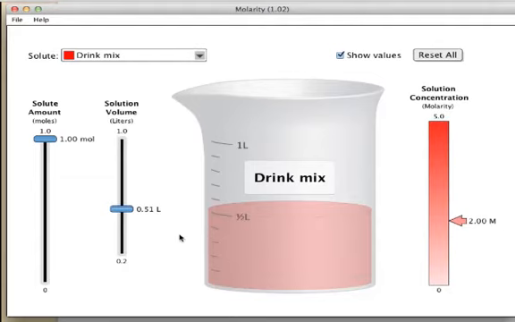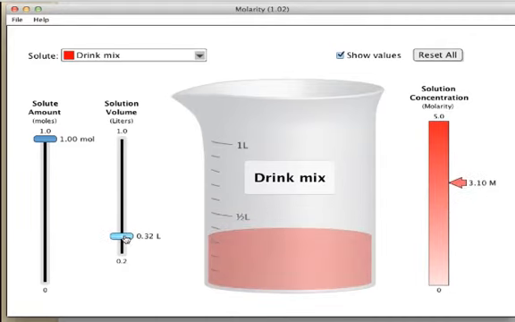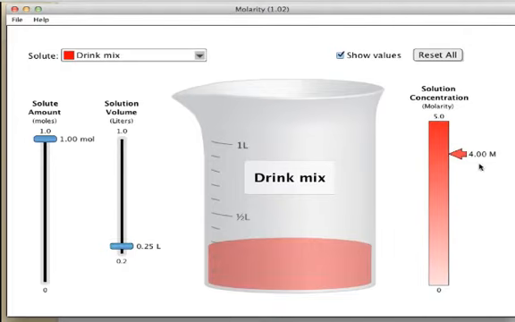If I let that drink mix sit there and my water starts evaporating, say by half, what do you notice has happened to my concentration? Solutes typically do not evaporate, at least not before the solvent. So the solvent leaves and you have particles of solute that remain behind. So it ends up getting more concentrated.